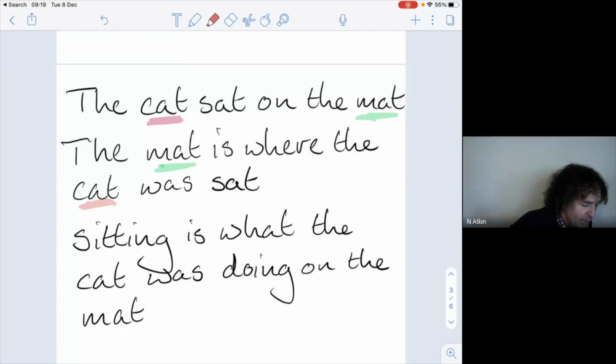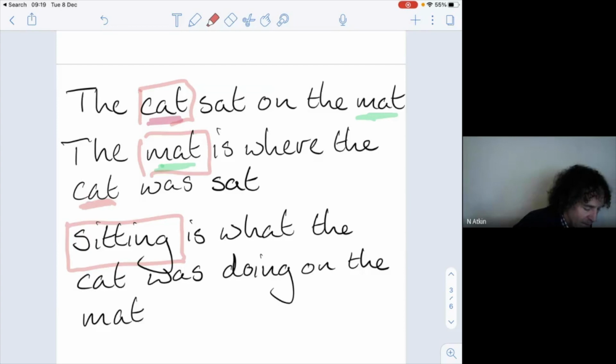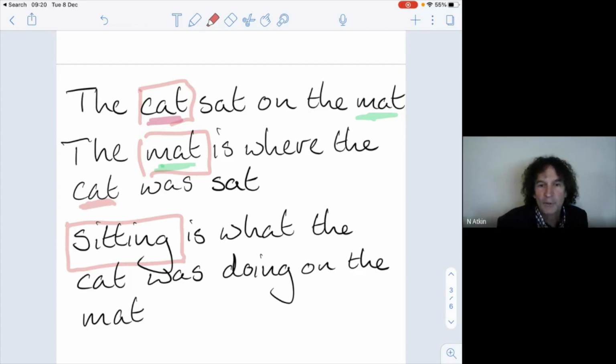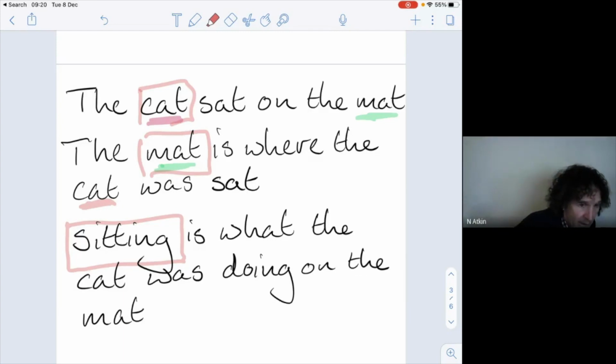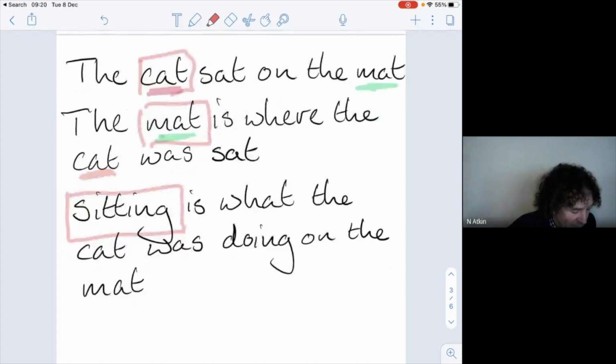I'm going to change the subject again, so the subject went from being the cat to the mat. Now the subject is sitting, which is what the cat was doing on the mat. I've changed the subject, the cat, the mat, the sitting, but it all means the same thing. That's what's called changing the subject.